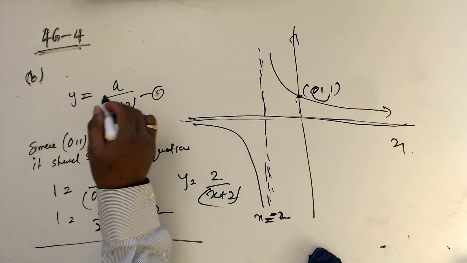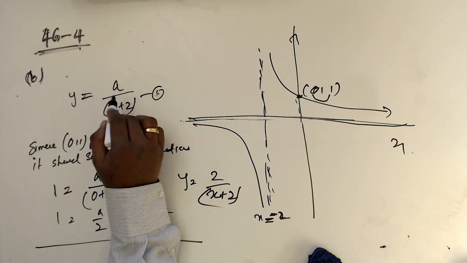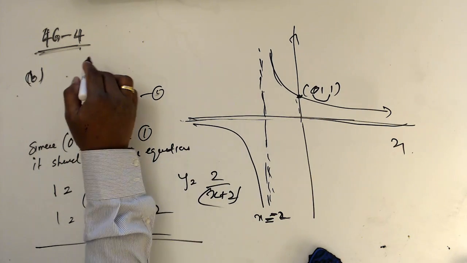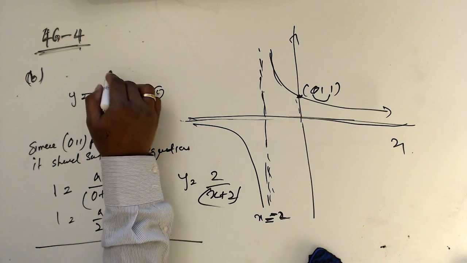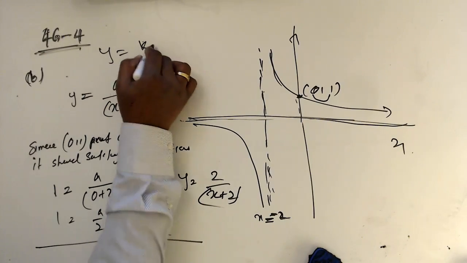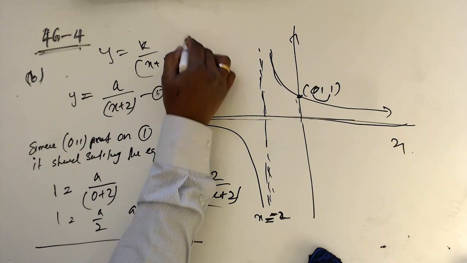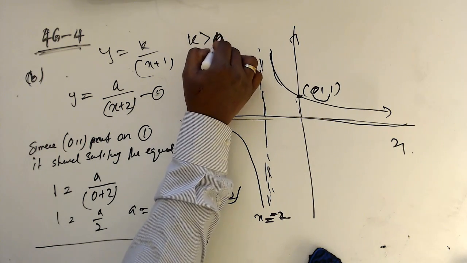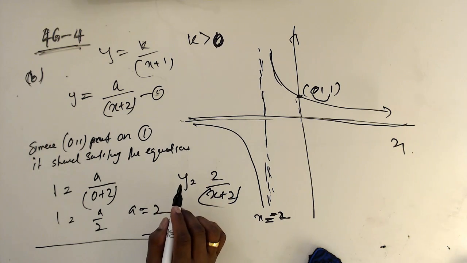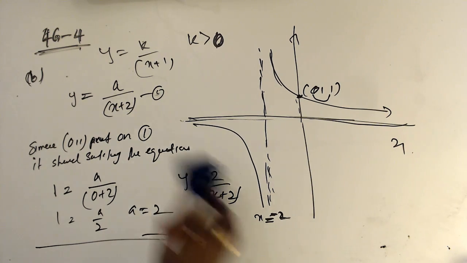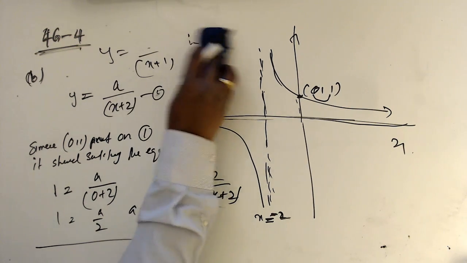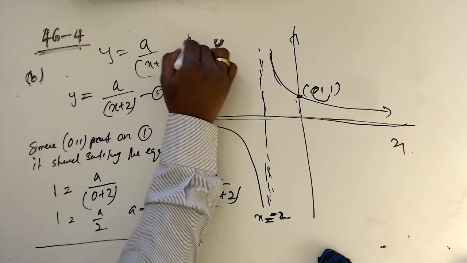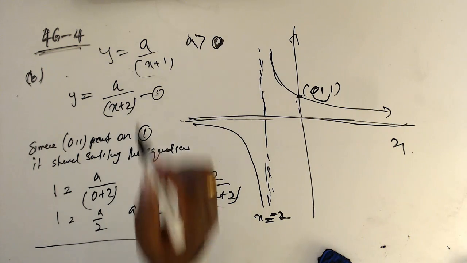I want to add one more thing here, because this shape we always get when we have y equals a over x plus b, when a is greater than 0.